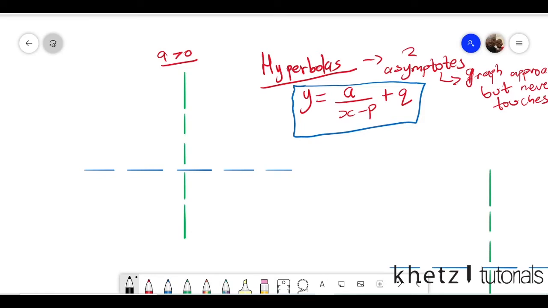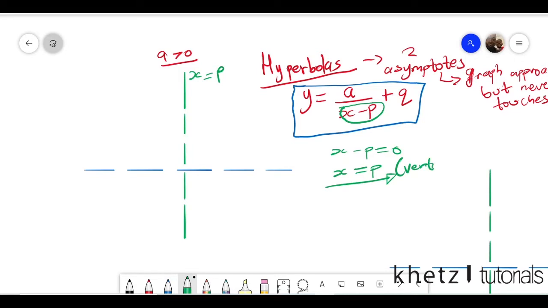This is the asymptote known to us as x equals p. So we already know the role of this bottom part of the equation. It gives us the vertical asymptote. So x subtract p equals 0, so x equals p is our vertical asymptote. And then also we have y equals q, which will give us our horizontal asymptote.